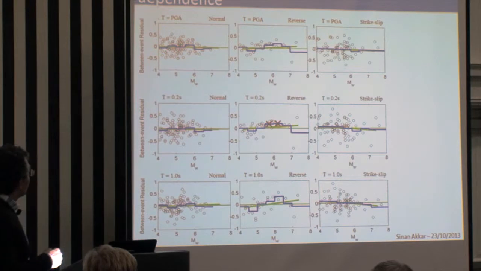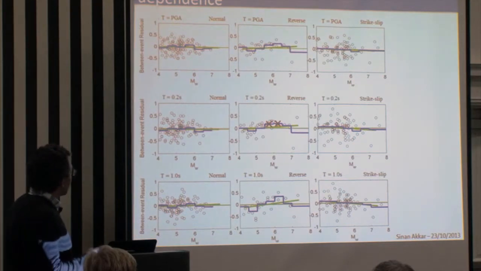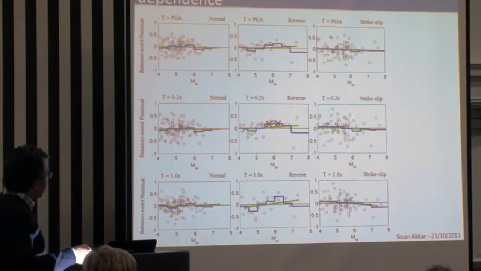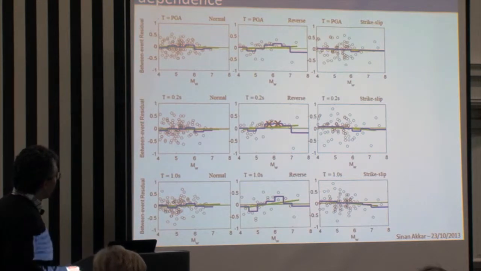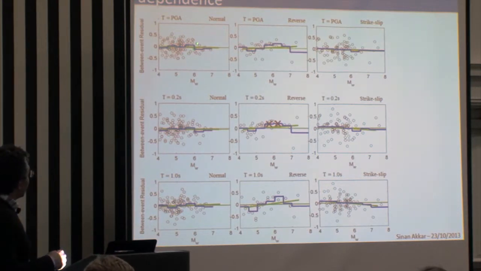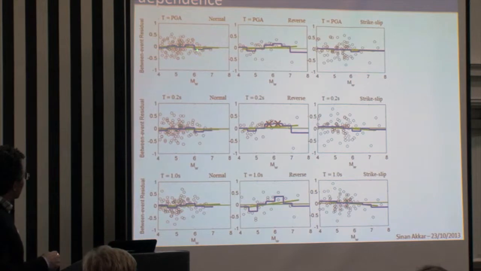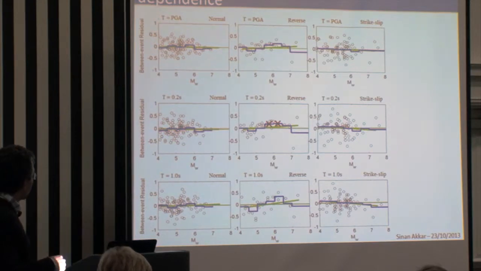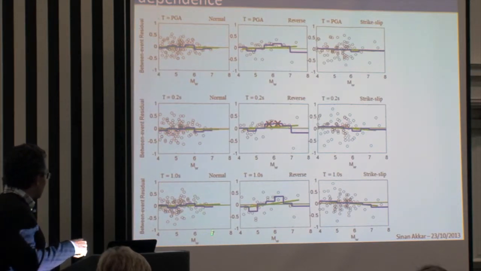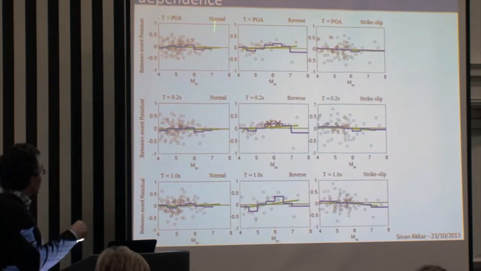The first row shows the variation of standard between event residuals for PGA, the second row is 0.2 seconds, and the third row is 1 second. As you can see here, for normal and strike slip style of faulting, the variation of between event residuals for different magnitude bins does not show a significant dependence on MW, of course valid for magnitudes up to 7.